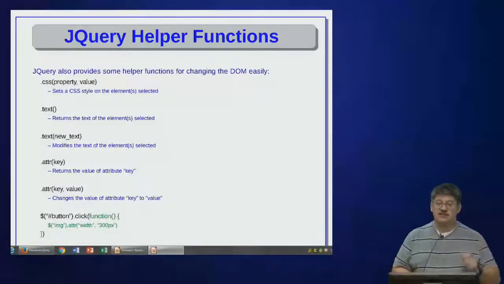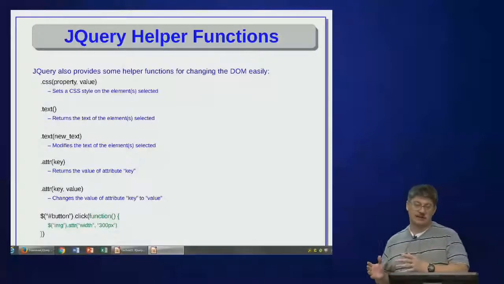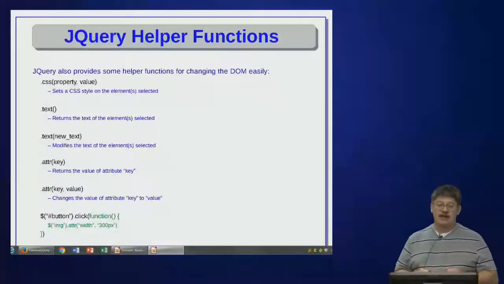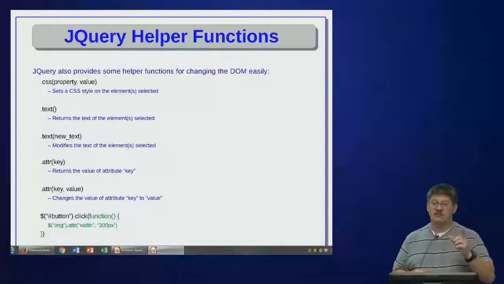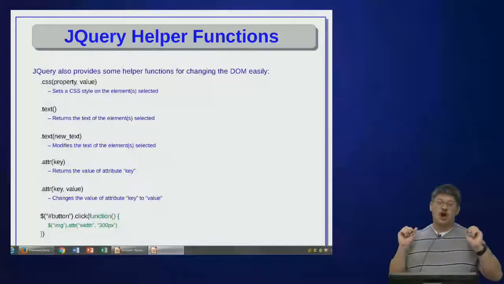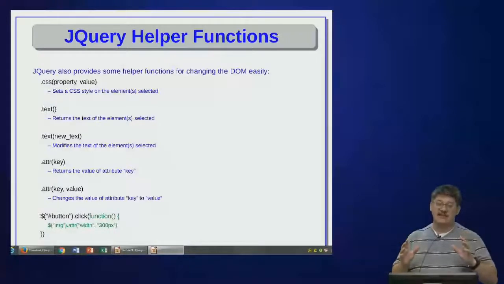If I instead use the .css function, I can apply a CSS style change to all of the objects in the page that matched my CSS selector. So for example, I could say $ parentheses, and inside the parentheses I could put, in quote marks, .highlight. And that would match all of the elements of my page in the highlight class. And then I could say .css, and for property, I could put color.